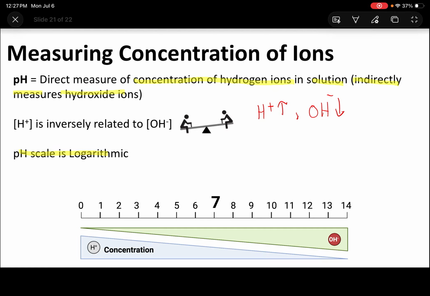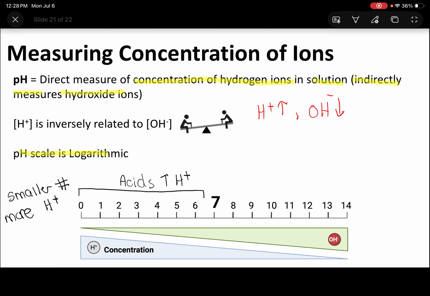Now this can be a little confusing, okay? So let's break this scale down into three pieces. Let's first look at this first piece, 0 to 7. We call these our acids. Remember, acids increase hydrogen ions. The smaller the number, the more hydrogen ions something has.